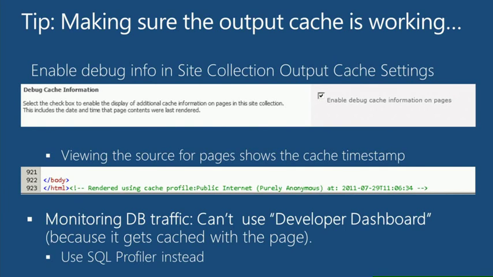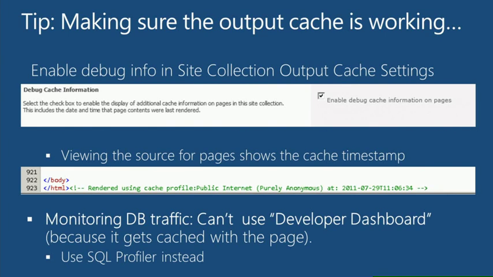Now, if we need to get a bit further into this and actually validate that we're not going back to the database and so on, we might think we could use the developer dashboard. But we can't, because the developer dashboard's output will be cached as part of the page output cache. So we could turn it on, and the developer dashboard would tell us for each request that it's going back to SQL Server all the time.